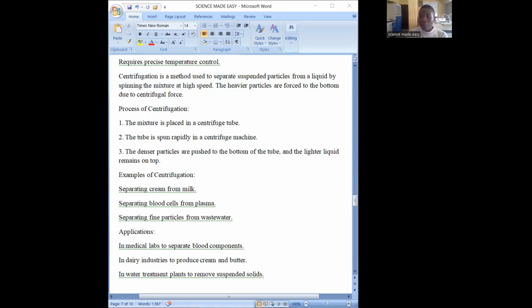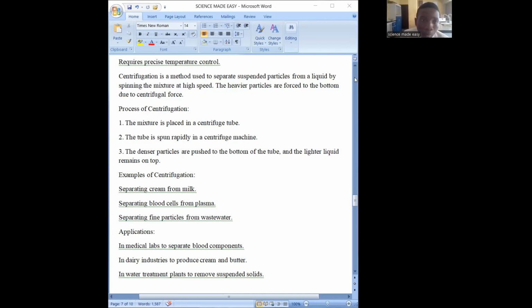You put your sample of blood cells and plasma inside the centrifuge, plug it in and run it, and it spins at a very high speed. Later you see the plasma on top and the blood cells settled at the bottom, and then you can decant the plasma from the blood cells. So that is centrifugation.